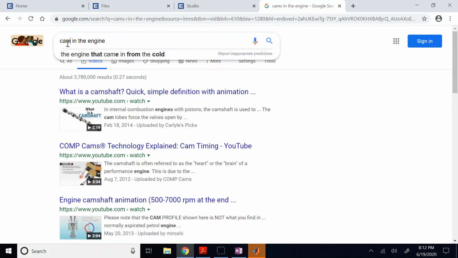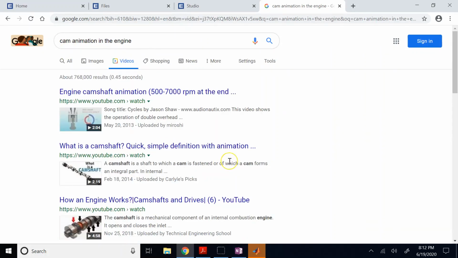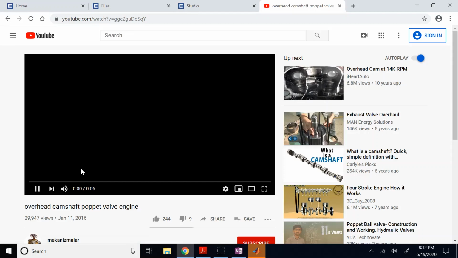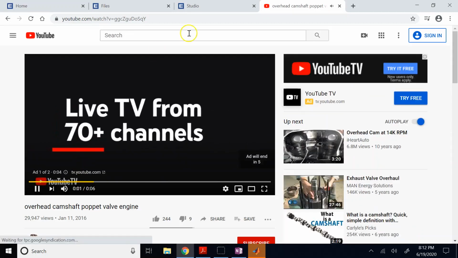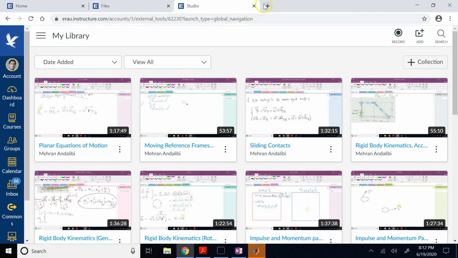Cam animation in the engine. Maybe this one.